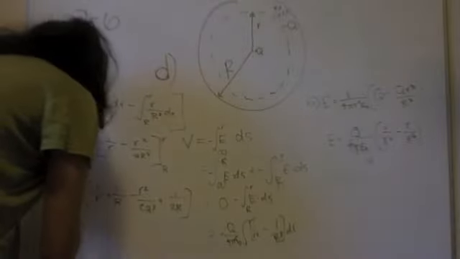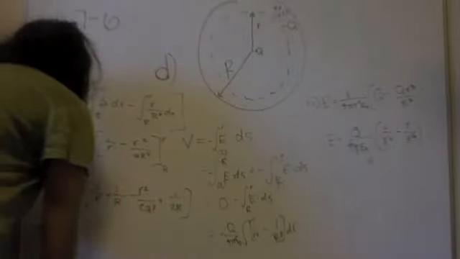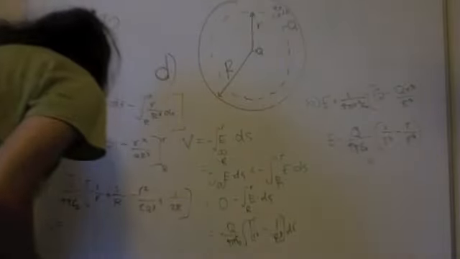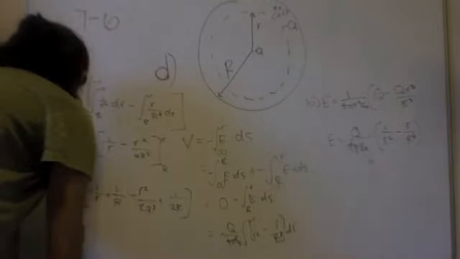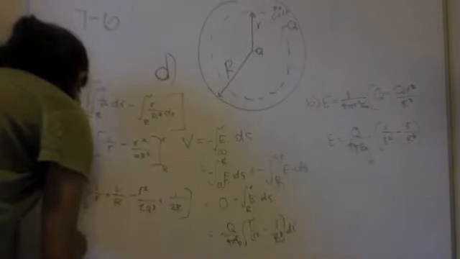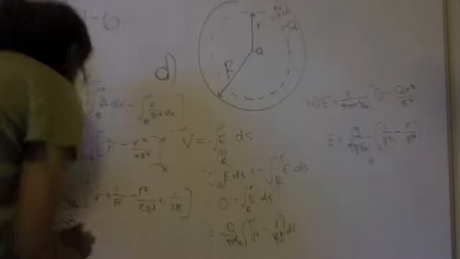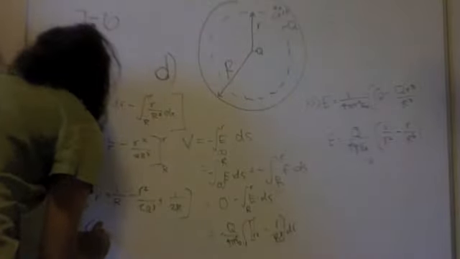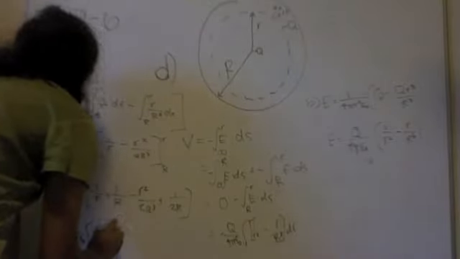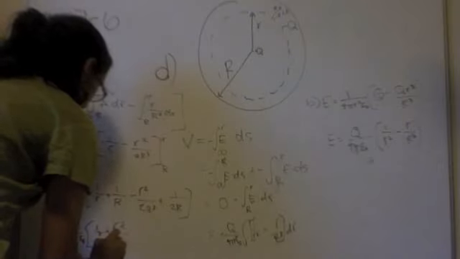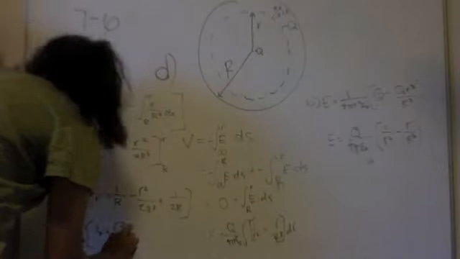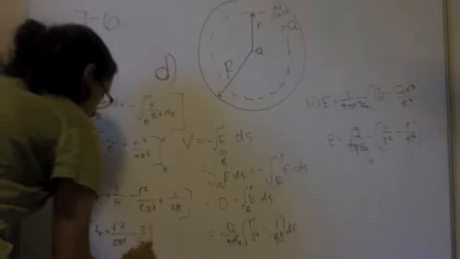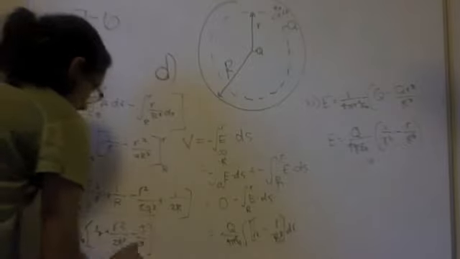Once you do simplify, you get V is equal to Q over 4 pi epsilon naught. We're going to multiply the negative inside here. So you get 1 over r plus little r squared over 2 big R cubed, and then minus 3 over 2 big R. And this should be your final answer.